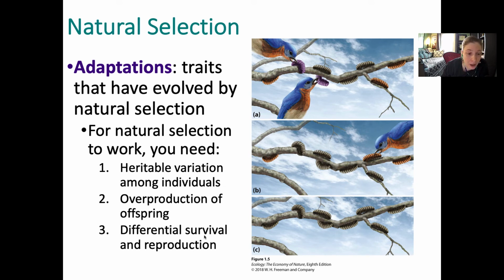So that differential survival and differential reproduction, some of them reproduce more than others, and they pass on their favored heritable variation, right? And so you end up with a population that is well adapted to the environment. And so common ancestry and natural selection, those are our 2 big ideas in the field of evolutionary biology. How do these apply to medicine?